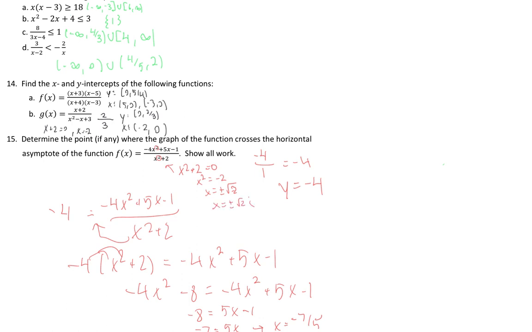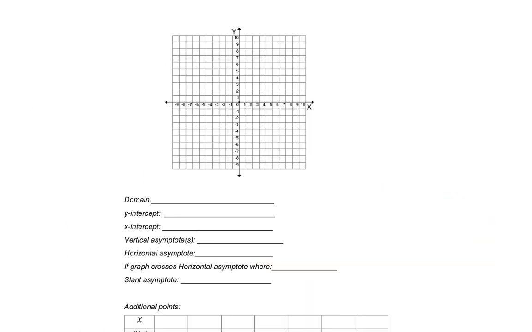So that means the only place it's undefined will be imaginary numbers, so we don't have to worry about it not working. So in this case, this will work. So where is it going to cross? We have our x coordinate, and the y coordinate has to be -4 because it's crossing there. So the point is negative 7 over 5, comma, minus 4. And that's our final answer.